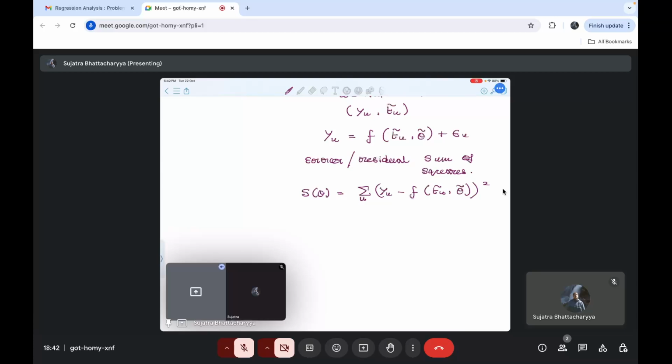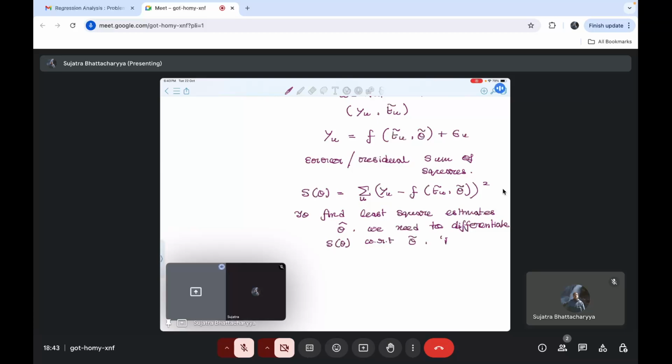Now what do we do? The same way as we do for the general linear regression models, to find the least square estimates theta hat, we need to differentiate S theta with respect to theta tilde.